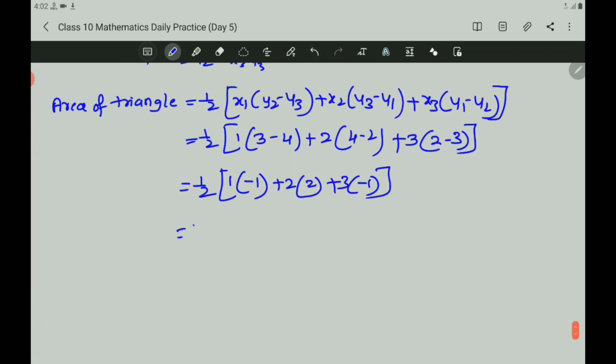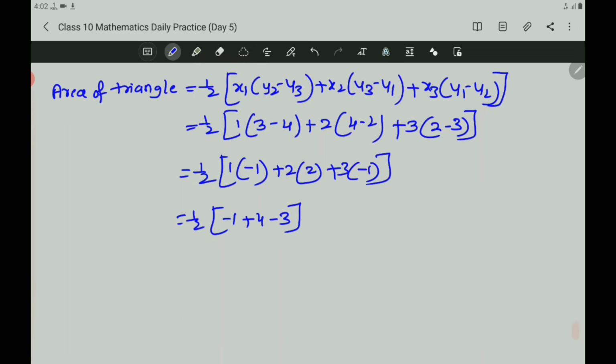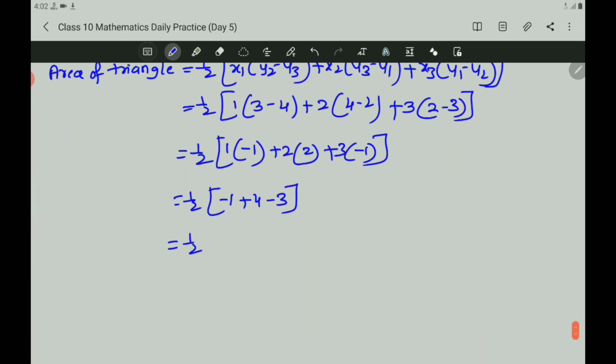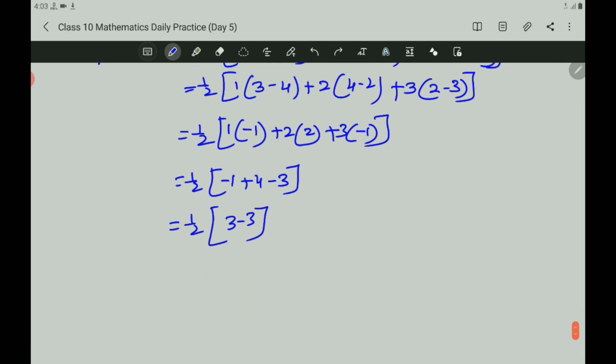Then you write 1 by 2 into 1 into minus 1, which is minus 1. 2 2s are plus 4. 3 into minus 1 is minus 3. Then it becomes 1 by 2. Sum of minus 1 and plus 4 is 3. So you will get 3 minus 3. Or otherwise you can take 4 minus 3 is 1. Minus 1 plus 1 also you can take.